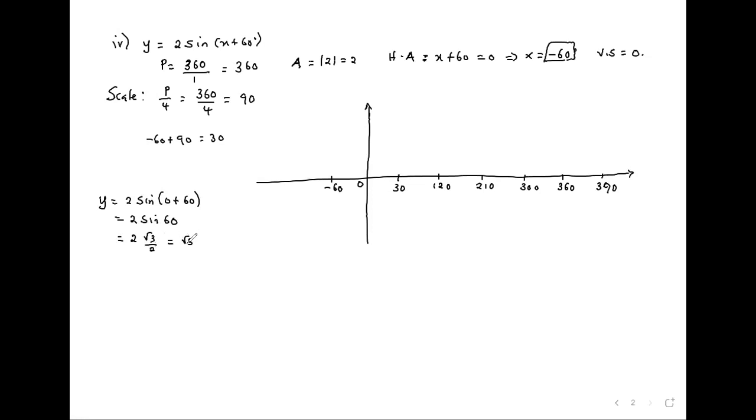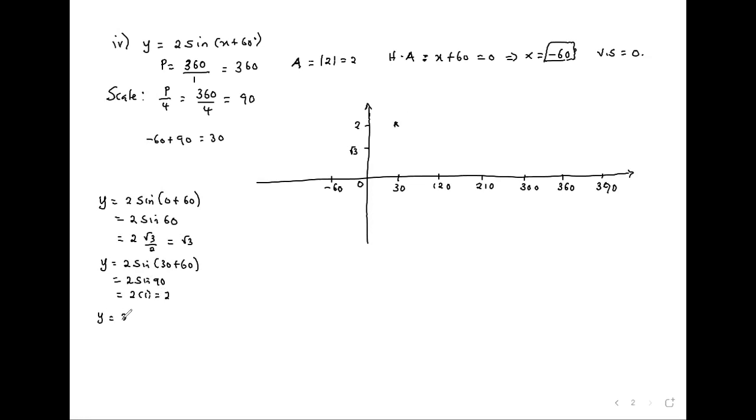So we get root 3. So we'll have 0 comma root 3. And then go to 30. So 2 sine 30 plus 60. That is 2 sine 90. But sine 90 is 1. So we get 2. So here we'll have 2 at 30.